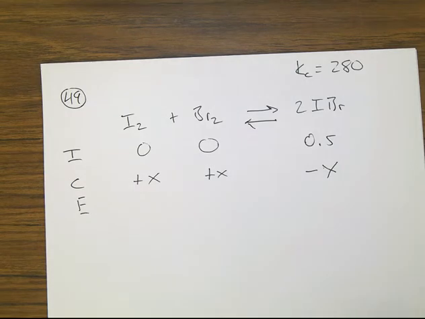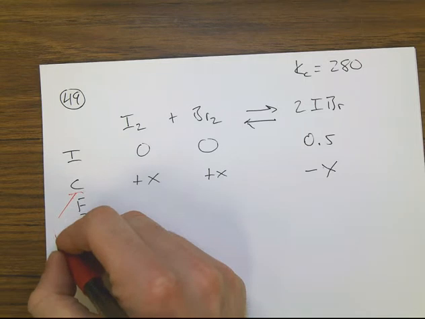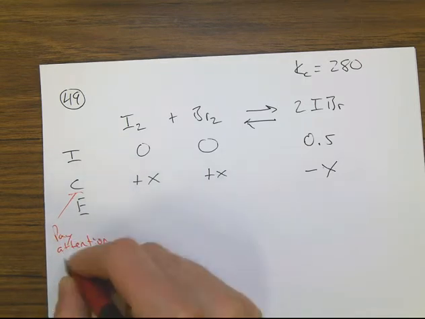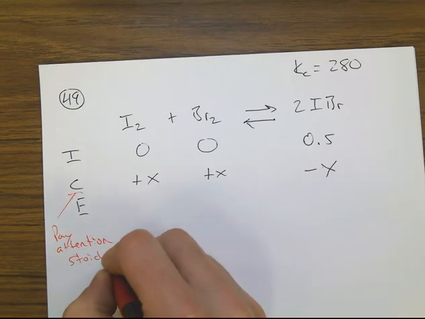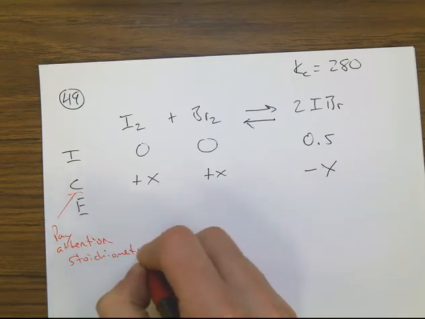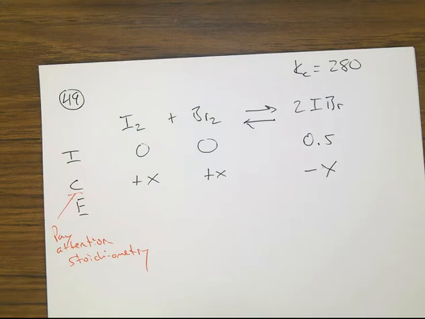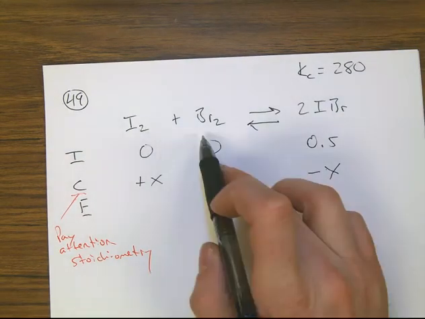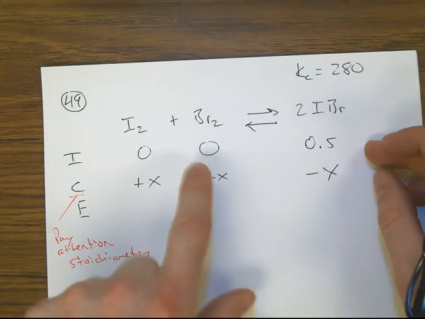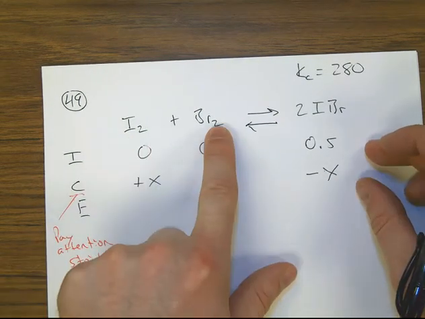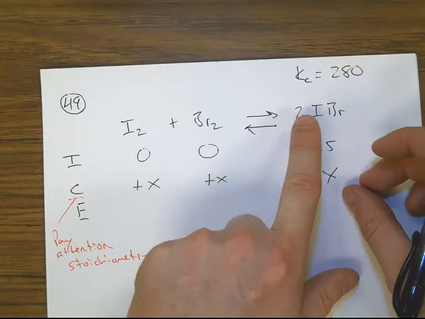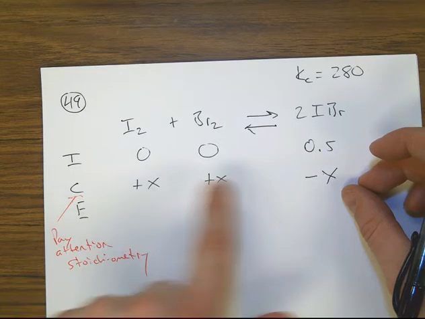Now, the important thing is whenever you're dealing with change, you really need to pay attention to stoichiometry. Always make sure you look at the coefficients in your chemical equation before you finish writing out what the changes are. It's 2 of these for every 1 of those. So if I'm creating iodine and bromine from the iodine bromide, it's going to be 2 of these for every 1 of each of those.